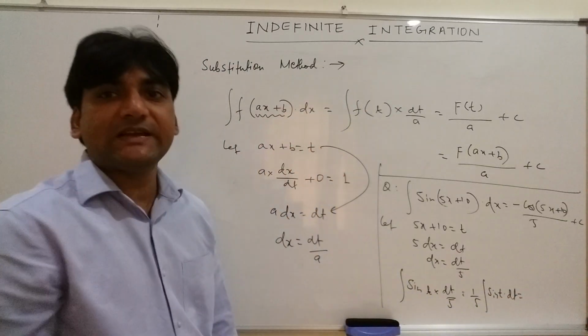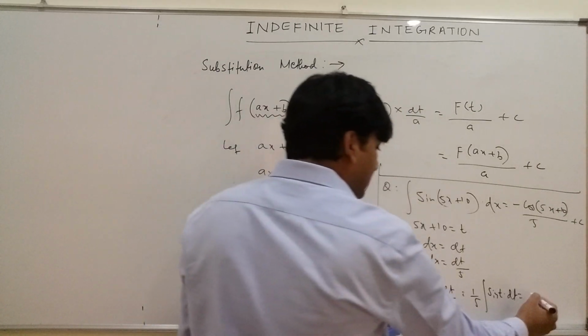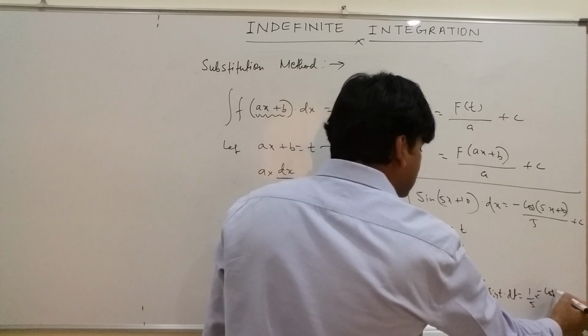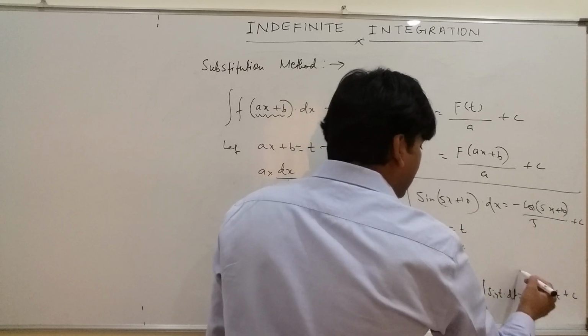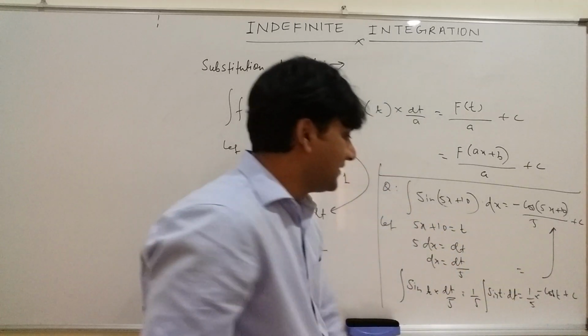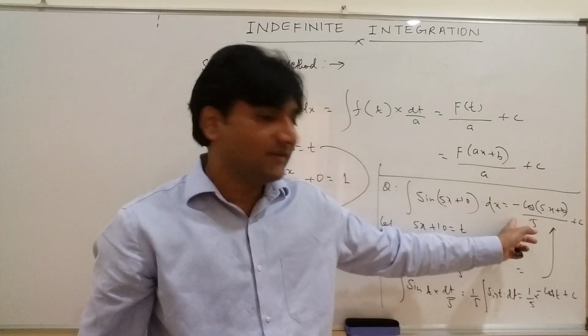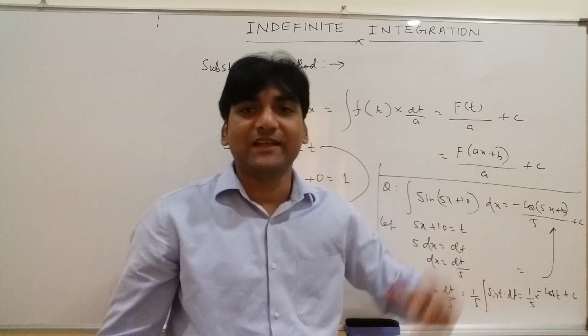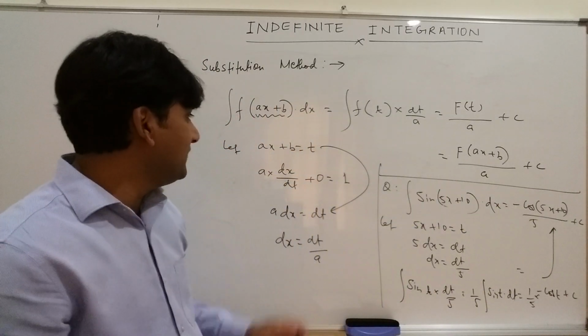Now 1 over 5 stays here, and sin t integration is minus cos t plus c. This is the same thing: minus 1 over 5 cos, and t again we replace with 5x plus 10. So this is the beauty of this result.